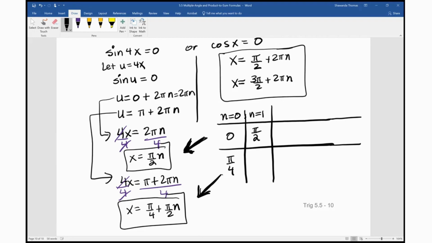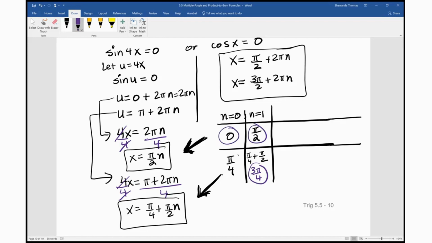What about you plug in 1 here? That'll be pi over 4 plus pi over 2. What is that? 3 pi over 4. Correct. Right.